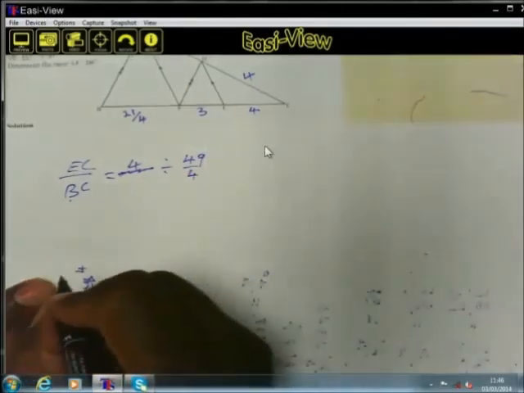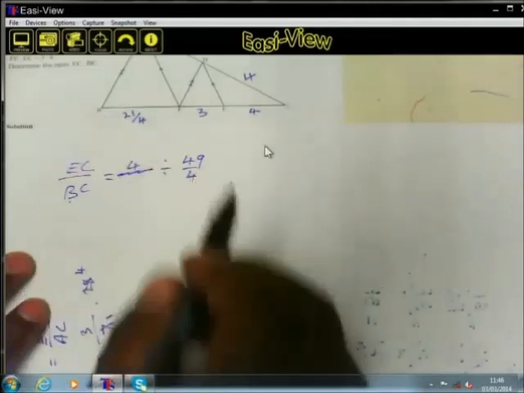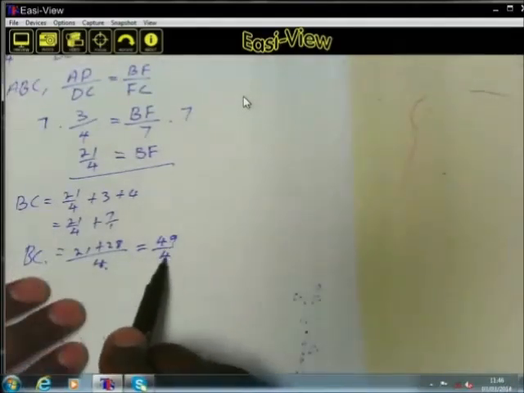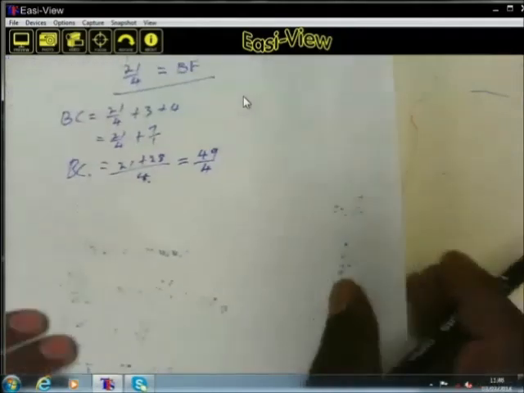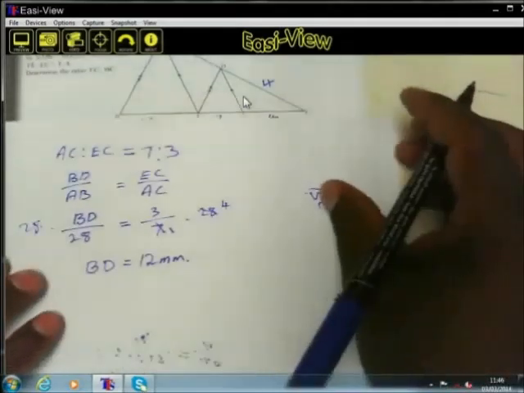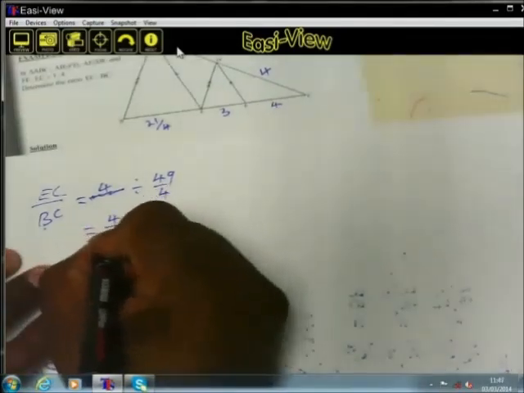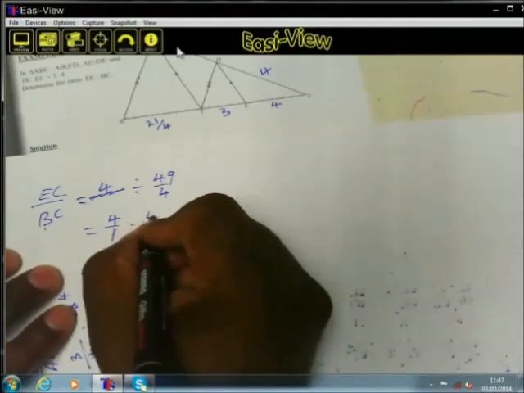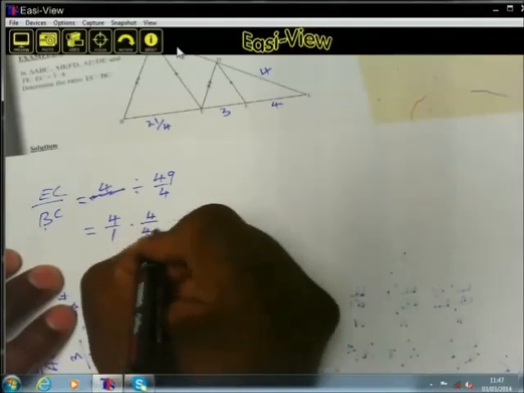You still remember the length of BC, the whole BC we said it's 49 over 4. Let me show you. BC 49 over 4. So if you work it out further, we say EC over BC is 4 divided by 49 over 4, and according to the laws of fractions, it means 4 over 1 you multiply by 4 over 49.